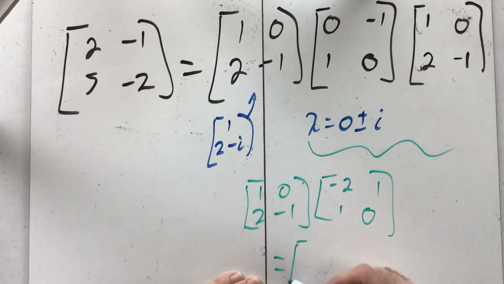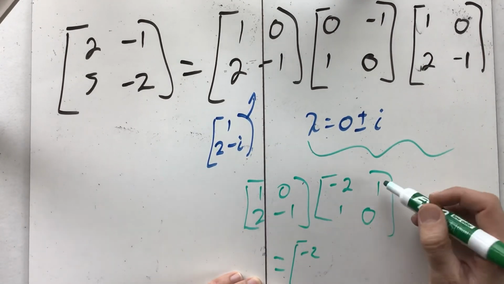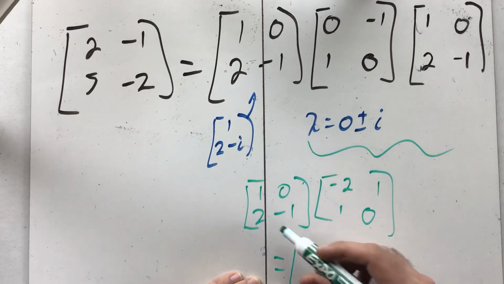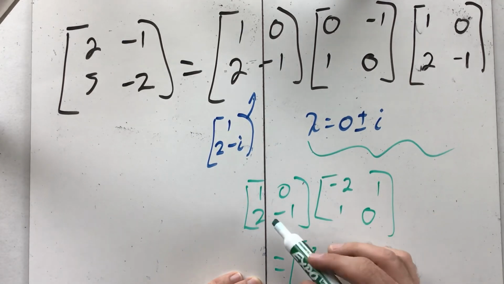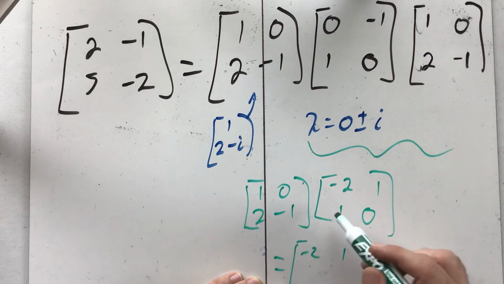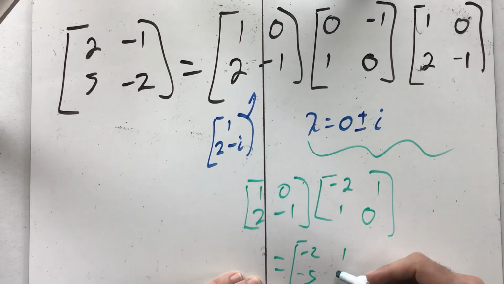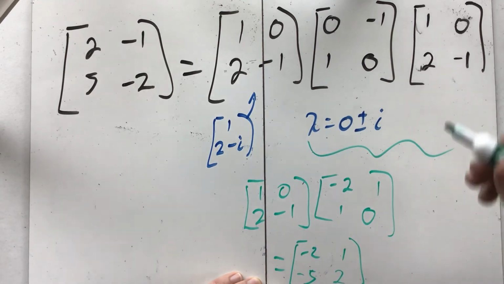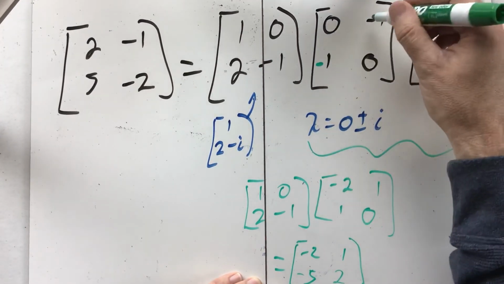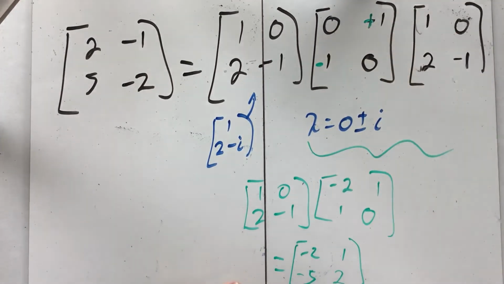Row times column is -2. Row times column is 1. Row times column is -2 minus 1 is -5. Row times column is a +2. Yeah, notice I'm off by negatives, so my guess is I should have put negative here and positive here.